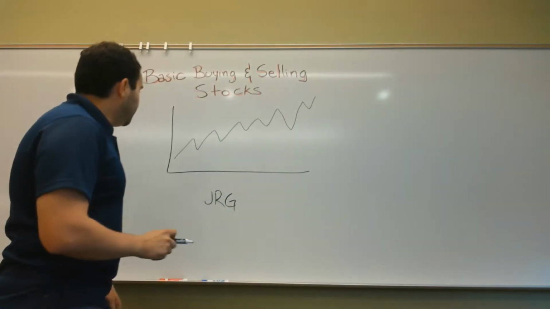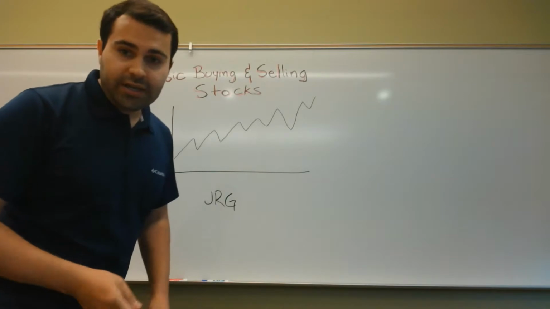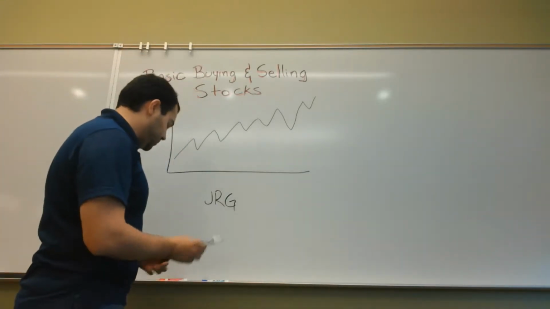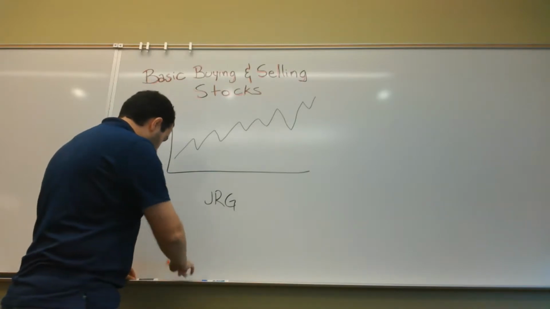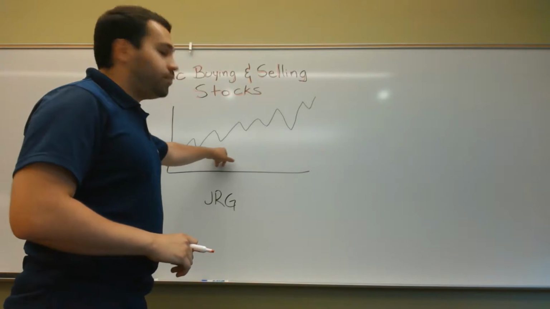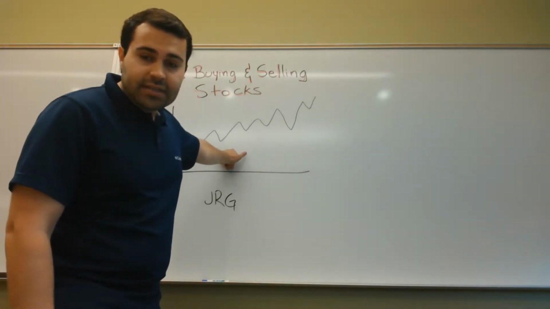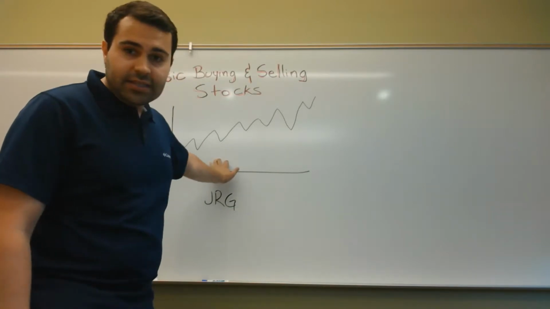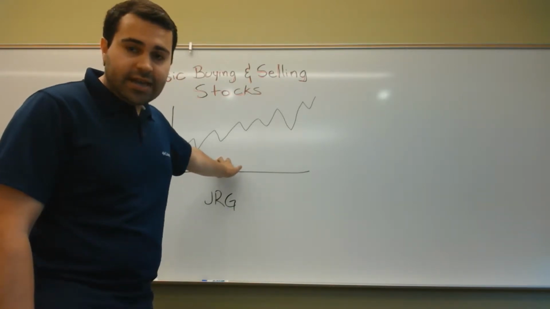So one of the things we're going to try to draw in here is a trend line. With this trend line, you're going to try to see where the bottom points of this line graph are. These are the prices that the stock has had over time.